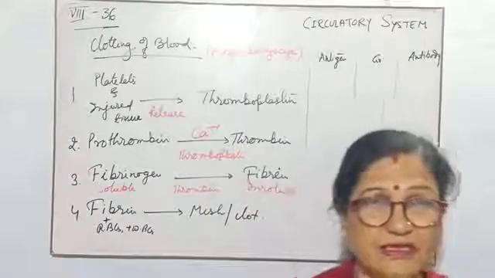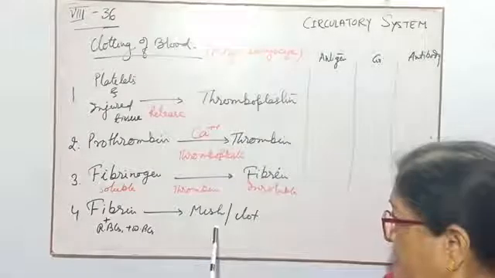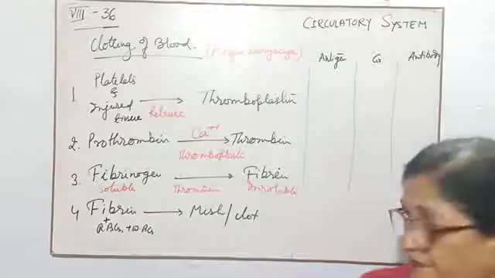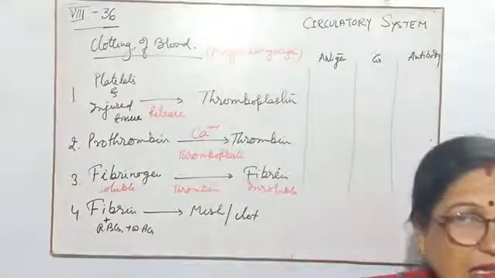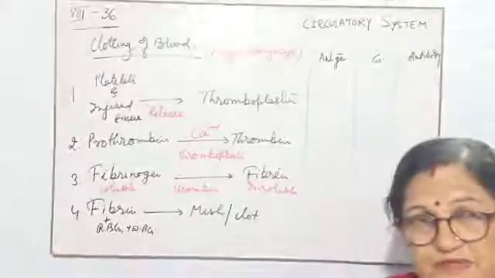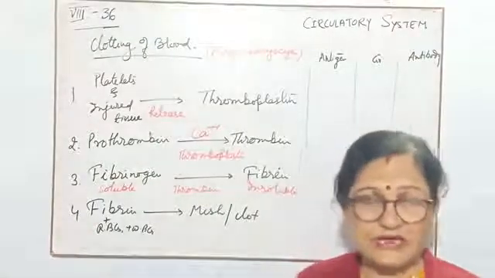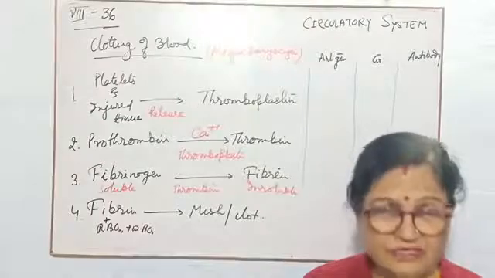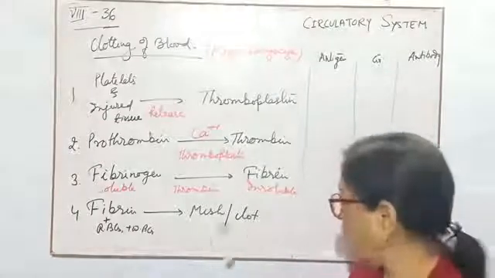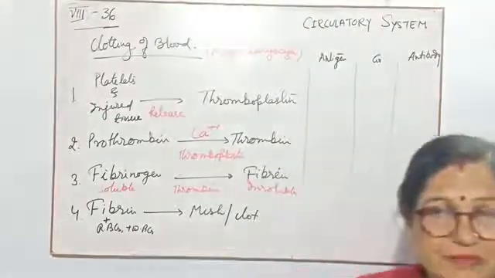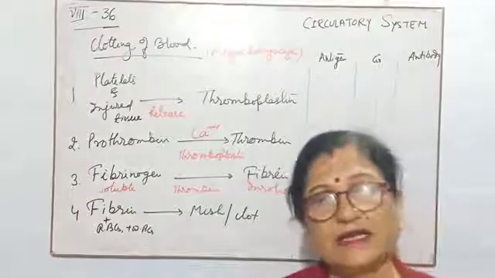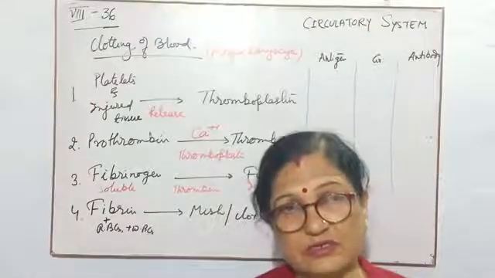Due to that mesh made by the fibrin along with the blood corpuscles, RBC and WBC, a reticulate structure or network forms at that place, and slowly when it becomes dry, it forms a clot.